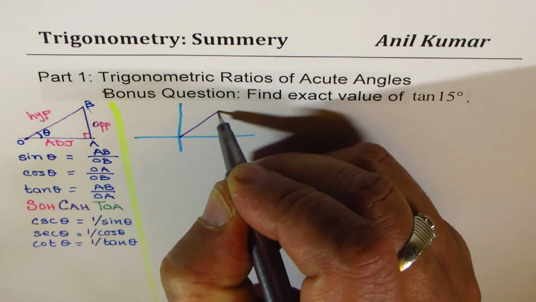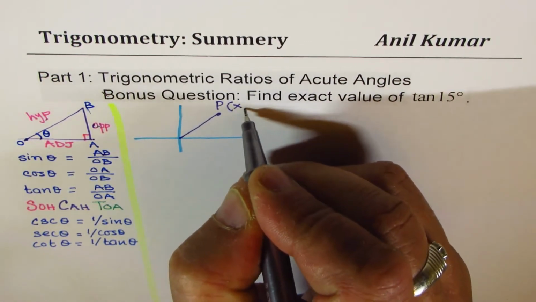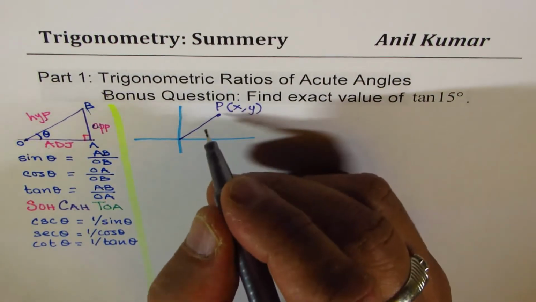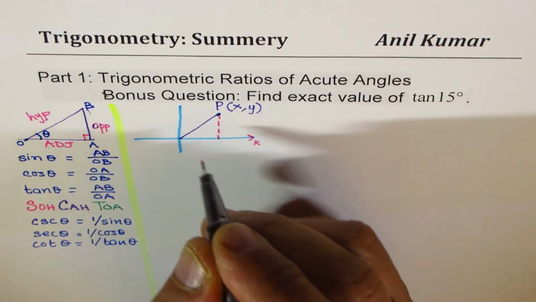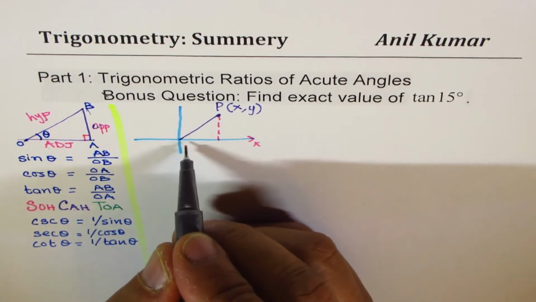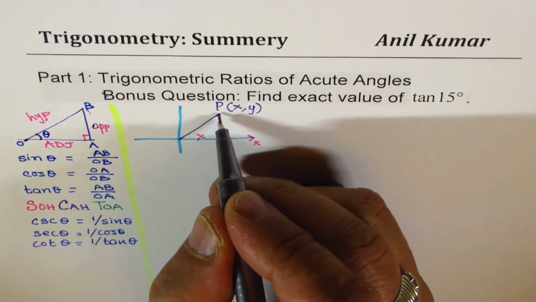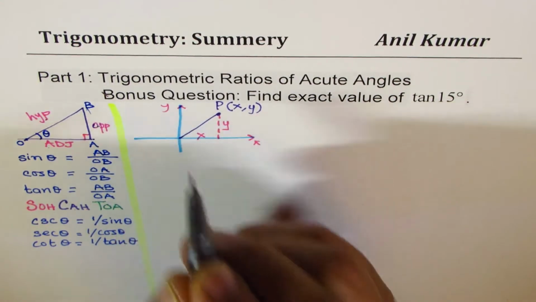So let us say we have a point P here, and the coordinates for point P are x and y. It really means that if I drop a perpendicular from P to the x-axis, then this length here is x, and the height here is y. Correct? This is the y-axis.